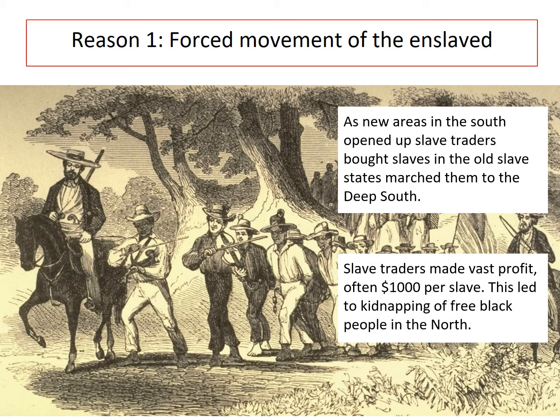Slave traders made vast profits, often nearly $1,000 per slave, and that led to this movement on a vast scale. It even led to some people kidnapping free black people in the North who were not enslaved and pushing them into slavery. So reason one why slavery grew in the South is that all of the enslaved people are moved towards those Deep South states.